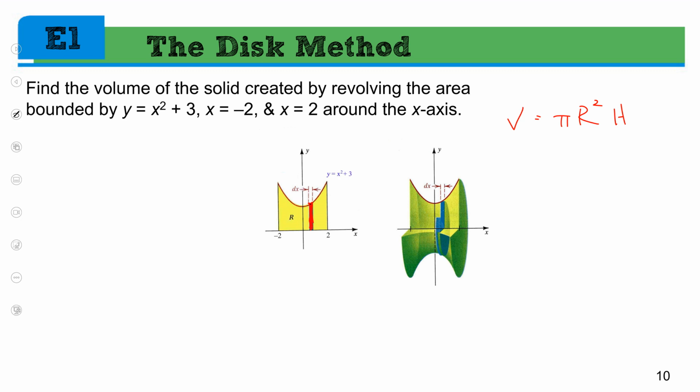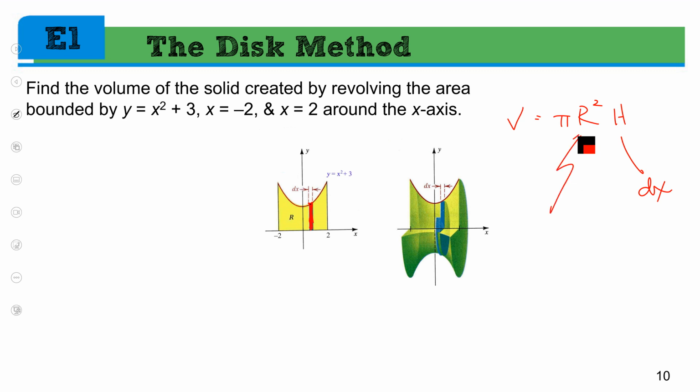Nope. Wait, which one? H. Now remember, that disk is laying on its side. Here's the disk here. H is dx. Because remember, this is the height. It's sideways.